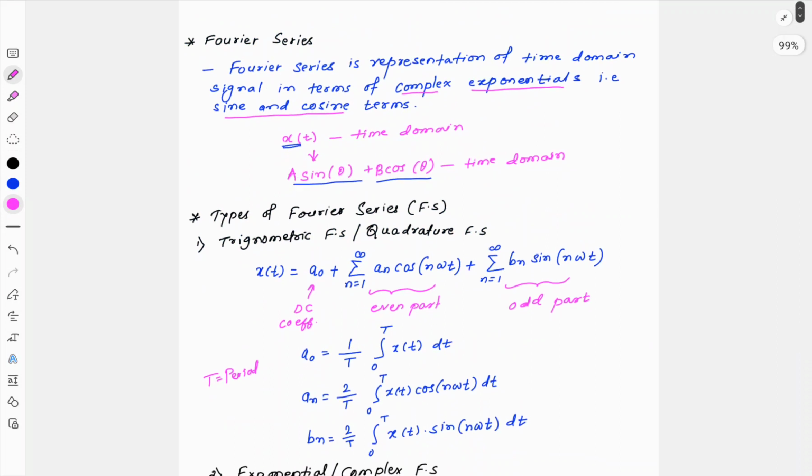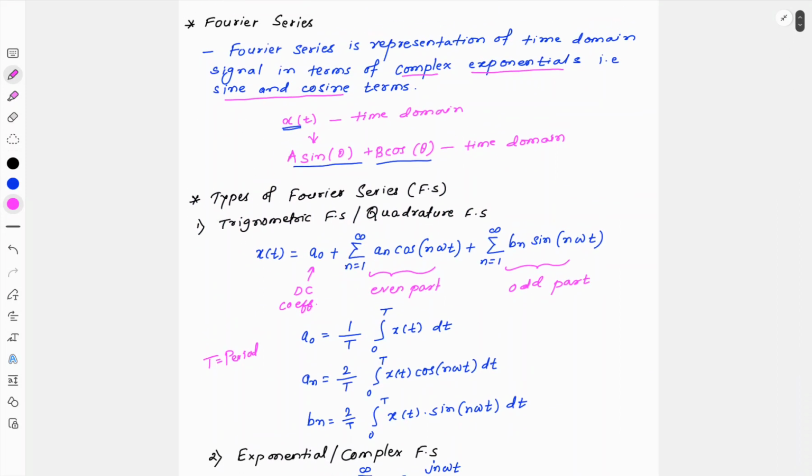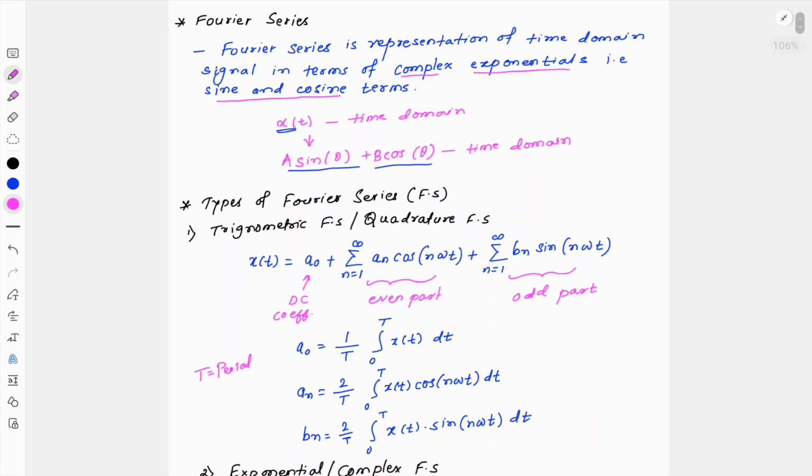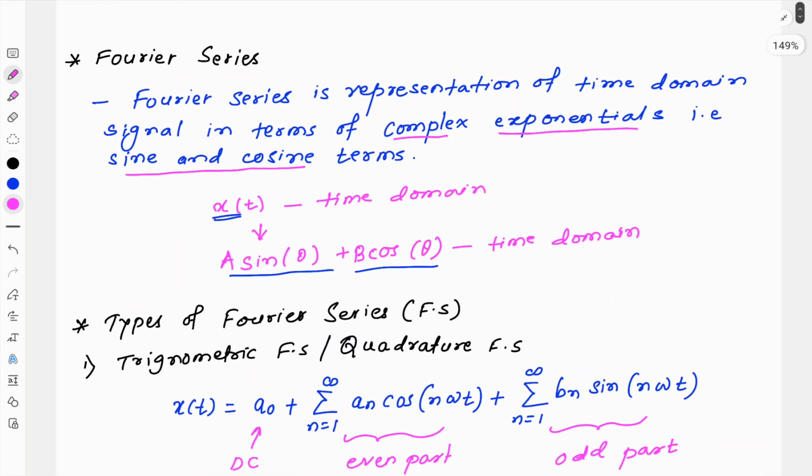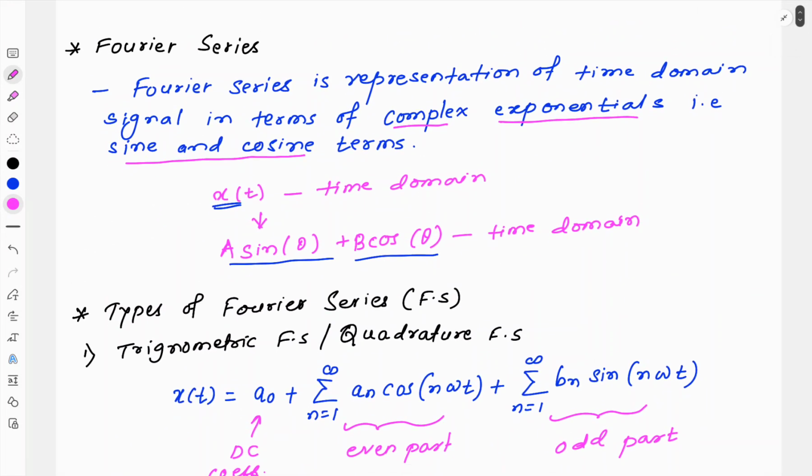Starting with the definition, Fourier series is a representation of any time domain signal in terms of complex exponential. But remember, one crucial thing is that this x of t signal should be periodic. If the signal is periodic, then we can find its Fourier series.